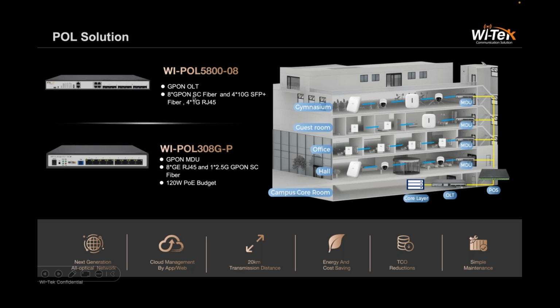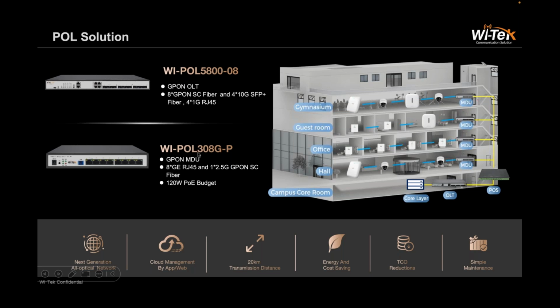This GPON fiber link, sorry, this device has 8 GPON fiber ports, and every GPON fiber can split into 128 new fibers. So that means this one device can handle totally 1,000 new fiber links.